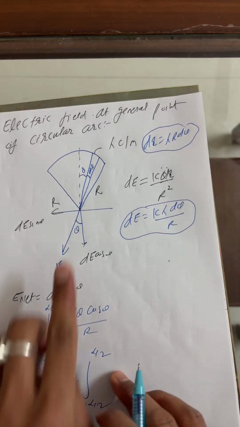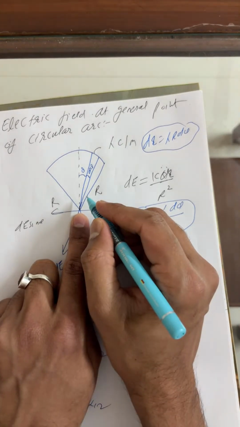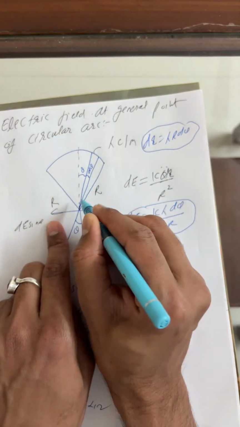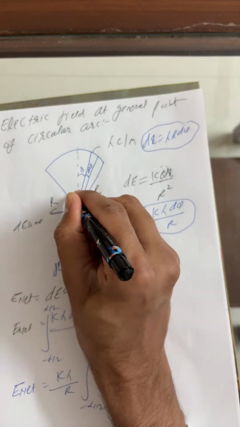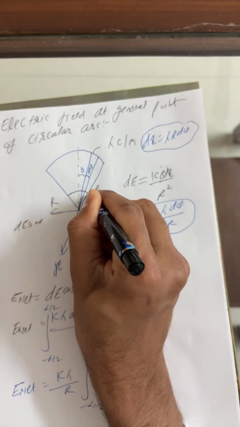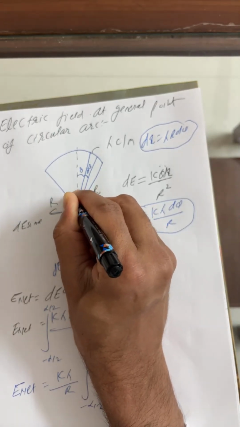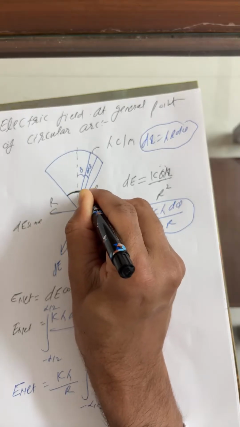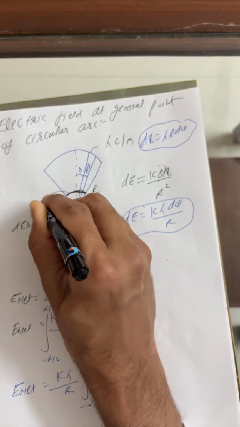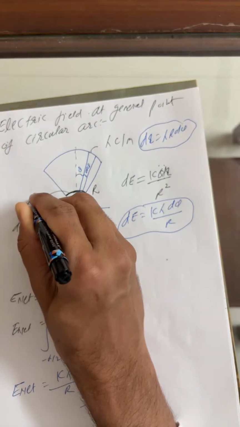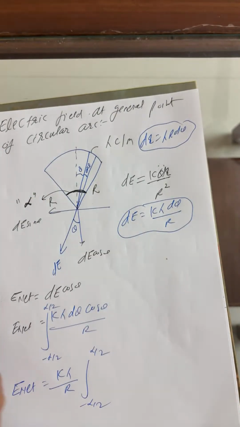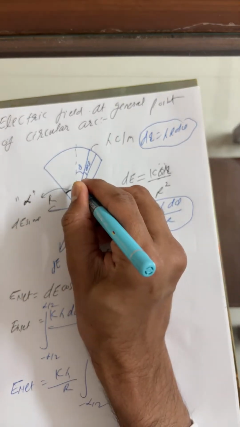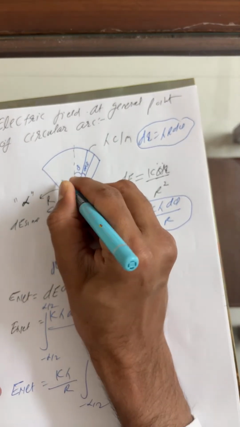You know the limits: this entire angle mentioned in the question is nothing but alpha. So this angle is what?